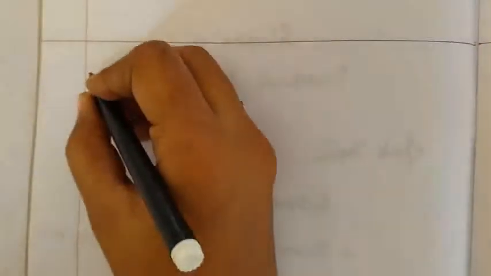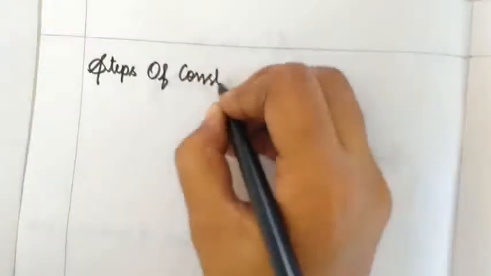Right side is used to draw and left side is used to write the construction. Write steps of construction. What is the first step to draw a circle?